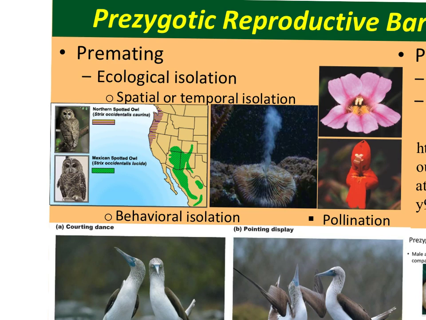So the northern spotted owl is found in dense coniferous forests of redwood and spruce, western hemlock, all these kinds of certain pine species, whereas the Mexican spotted owl is found in the southwest. Often where they mate, there's no trees around. They mate on cliff sides and things like that. Okay. Or ecological isolation.